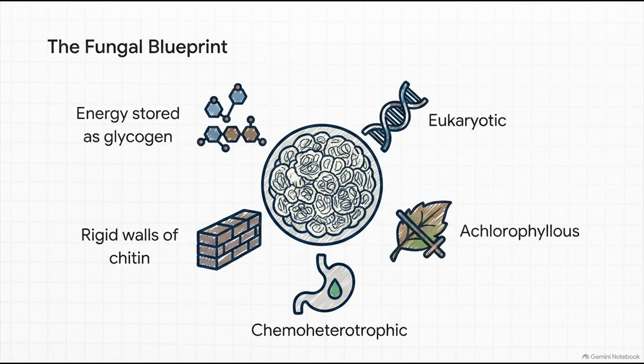Unlike plants, which use cellulose for structure, fungal cells are surrounded by a rigid, durable armor made of chitin and glucans. And get this, chitin is the exact same tough material found in the exoskeletons of insects. Pretty wild, right? Plus, instead of storing energy as starch like a plant would, fungi store it as glycogen and lipids, which is actually much more like animals do. They are these wonderfully bizarre hybrids of biological traits, uniquely equipped to absolutely conquer their environments.